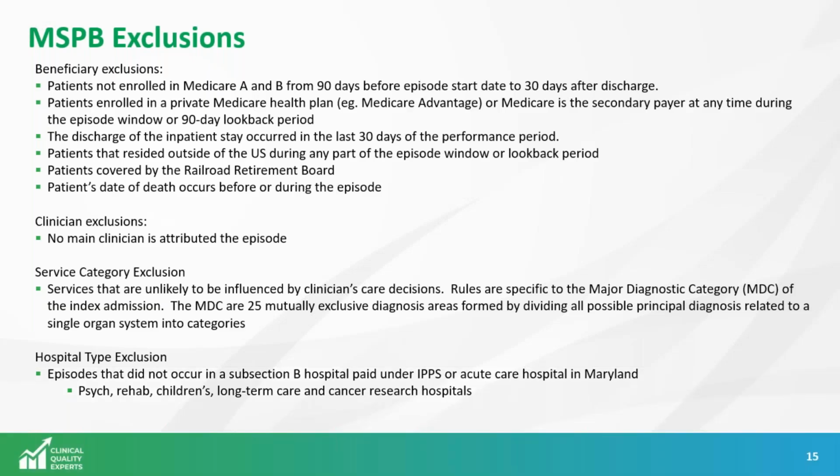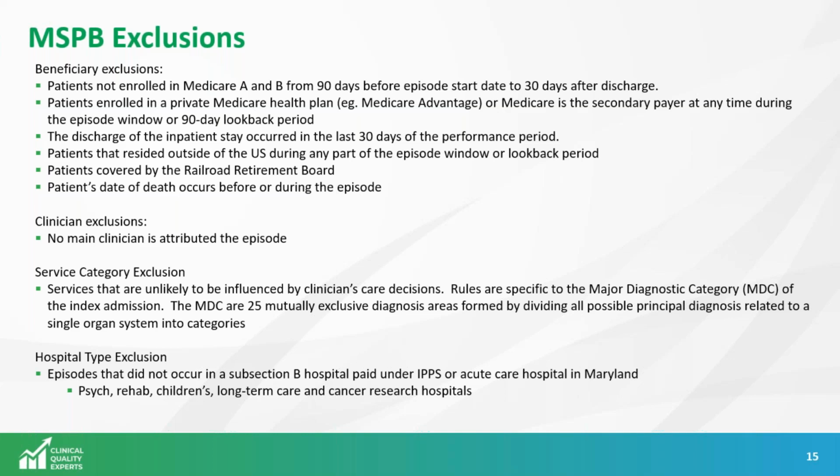The exclusions are listed here, and they may look the same at first as TPCC, but there are definitely differences. Patients have to be enrolled in Medicare A and B for 90 days before the episode starts and 30 days after discharge, and again, cannot be enrolled in a private Medicare plan or have Medicare as a secondary payer for any time during that episode or for the 90-day look-back period.